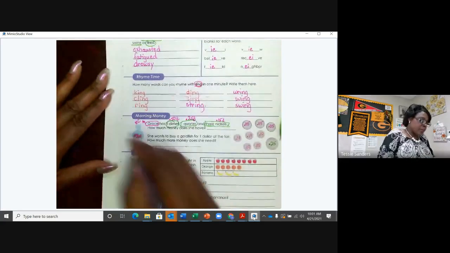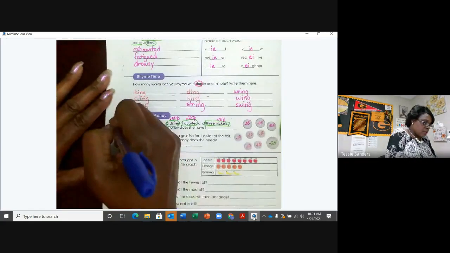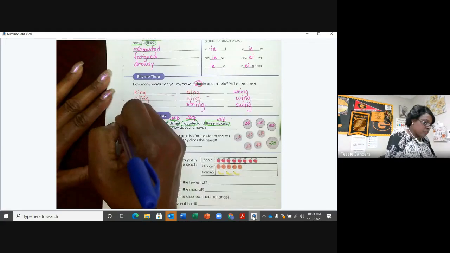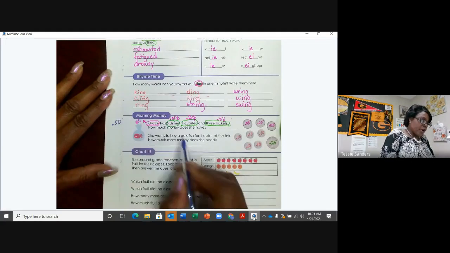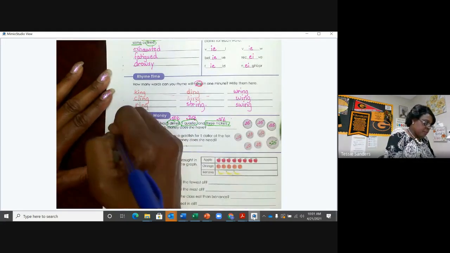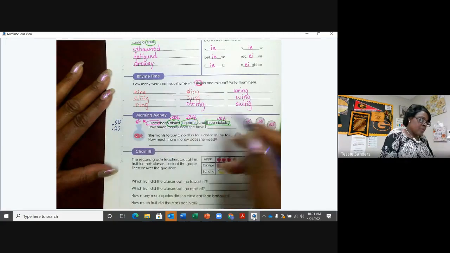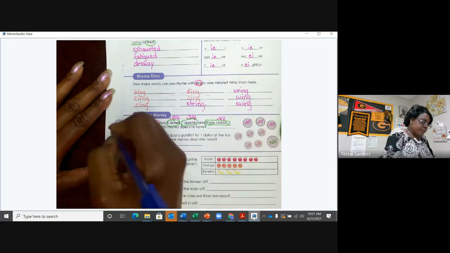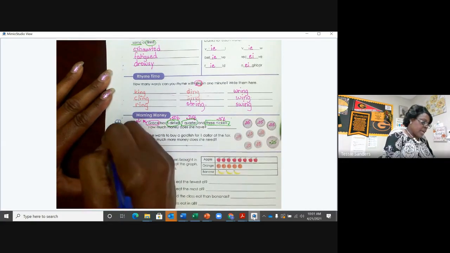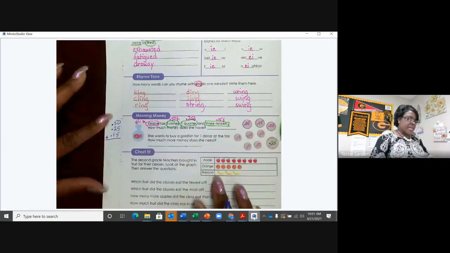We will create a number sentence. We are adding with decimals. 0.50, 0.25, and point what? 0.15. Underline, we will add the money up.